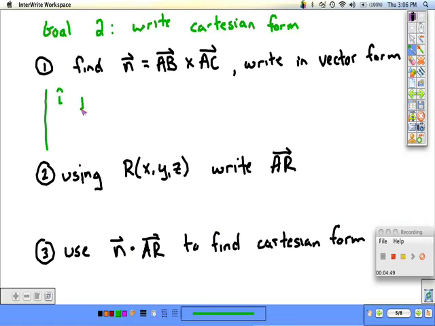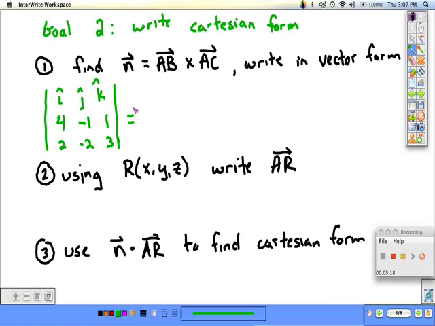The way we find the cross product is we find the determinant of a 3 by 3 matrix that's made up of i, j, and k, and then the two direction vectors. The first direction vector being (4, -1, 1). The second direction vector was (2, -2, 3). These are coming right from that vector equation that we wrote for the plane.